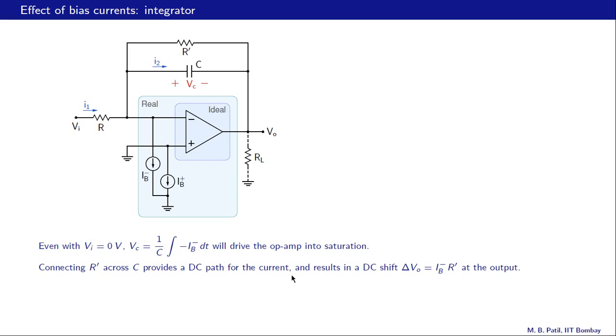So our VO will now have a shift equal to IB minus times R prime, and the op amp will not go into saturation.